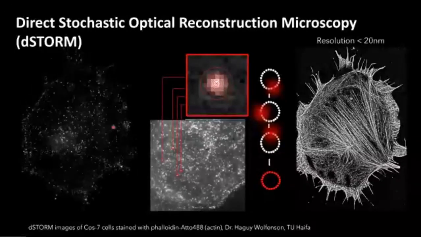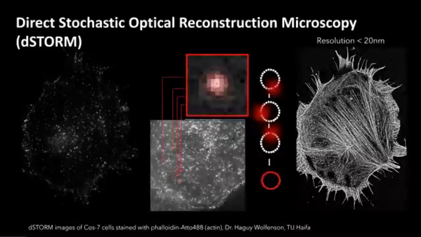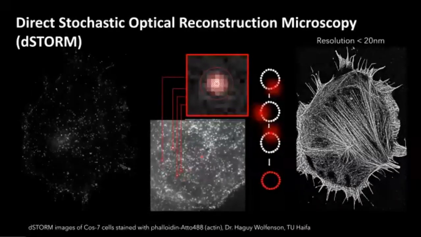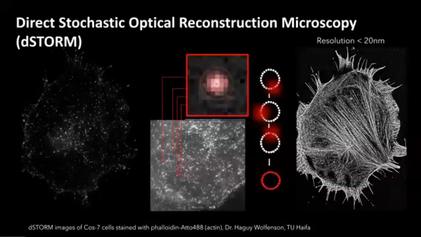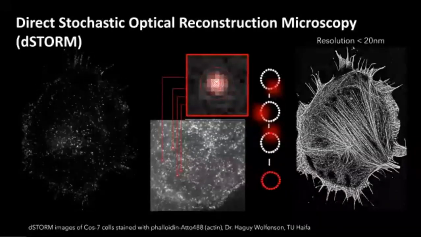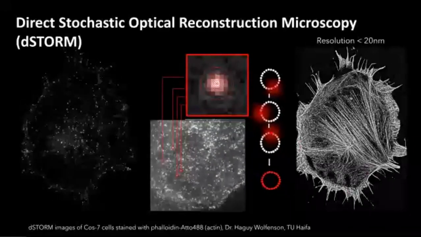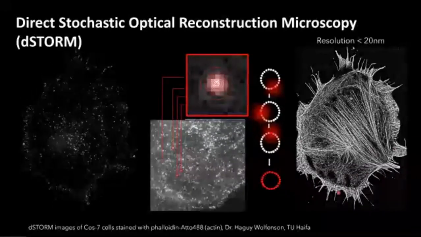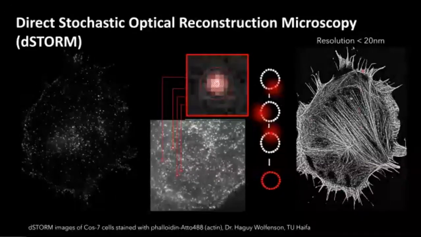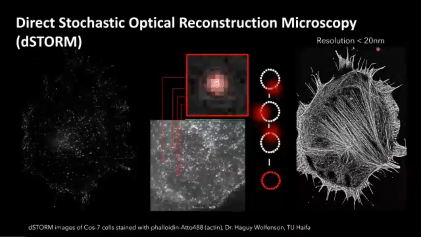And every time they blink, we will take a picture. And then we'll mark each of these point spread functions and fit them on the Gaussian to get their XY coordinates. If we take many pictures, eventually we can build up the image of the subcellular structure. Here we can see the actin cytoskeleton with a resolution less than 20 nanometers.